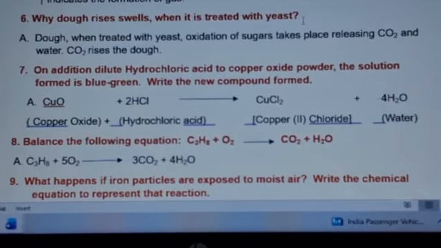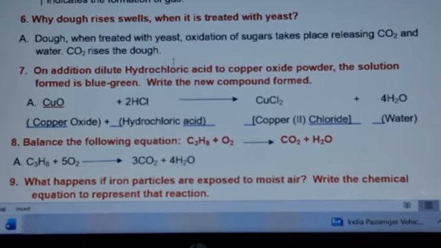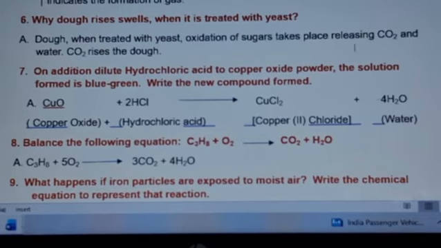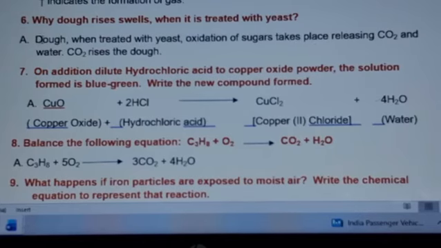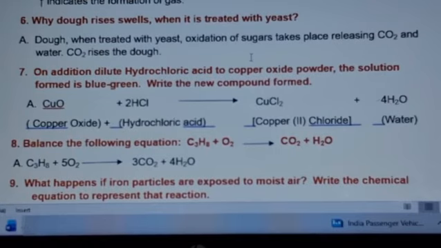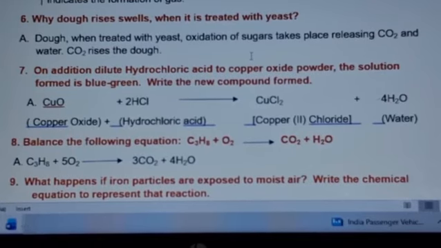So why does dough rise, why does it swell when yeast is added to it? It is the question. Dough, when treated with yeast, oxidation of the sugars takes place, releasing carbon dioxide. See, this dough contains carbohydrates. Carbohydrates contain sugars.